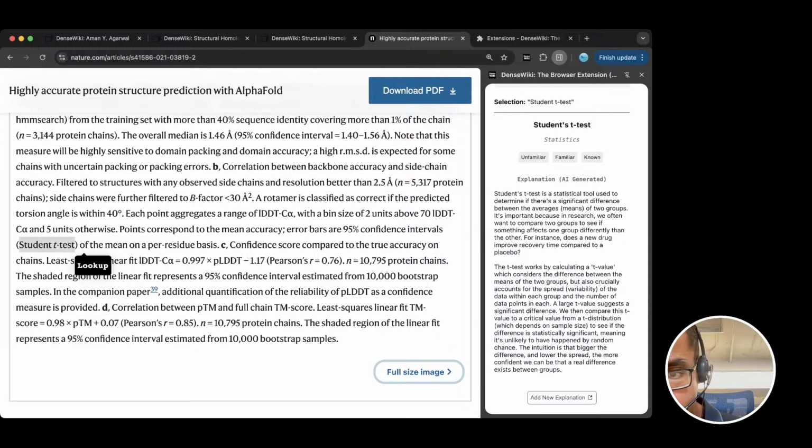The student t-test is a statistical tool used to measure significant difference between the averages of two groups. A large t-value suggests a significant difference.